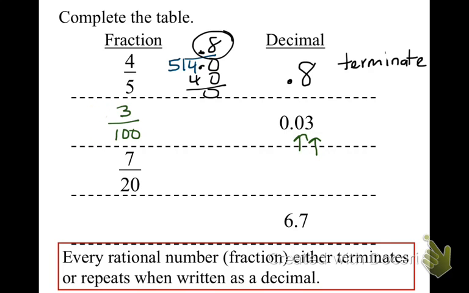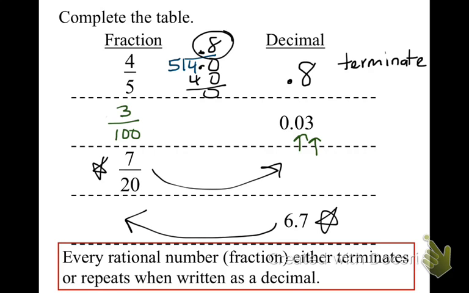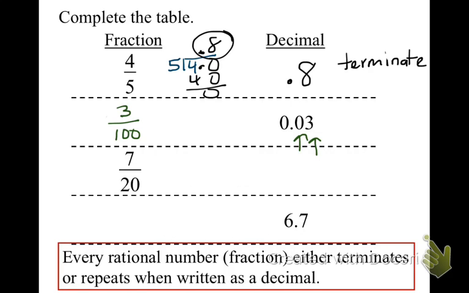So now, on your own, go and try to solve 7/20ths and 6.7. How to change this into a decimal and this into a fraction. So 7/20ths. Let's do some long division. So 20 can't go into 7. Put my decimal, 0, 0, 0. So 20 can go into 70 3 times, so I get 60.